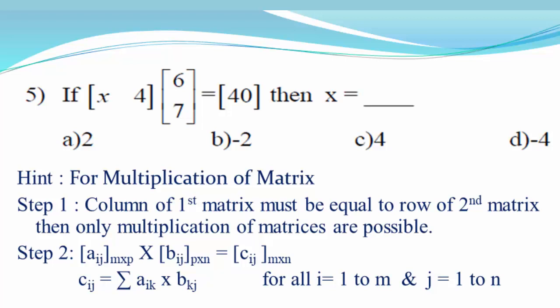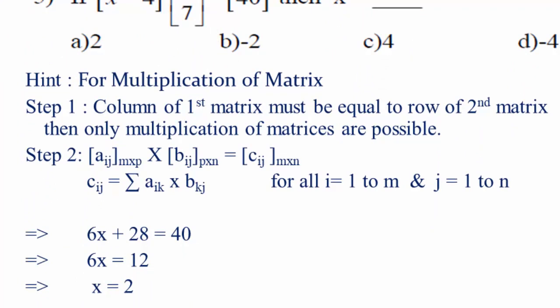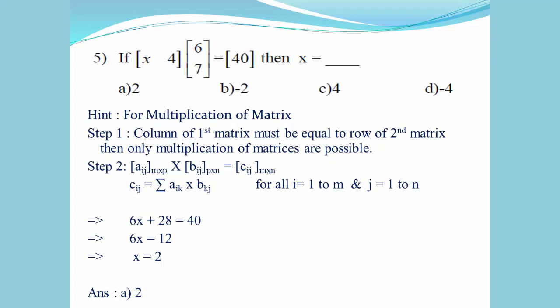That is, here in matrix multiplication, the corresponding elements are multiplied and then added up. So here we get x into 6 plus 4 into 7 is equal to 40. That implies 6x plus 28 is equal to 40. So this gives us 6x is equal to 12. Therefore, x is equal to 2. So our answer is option A, value 2.